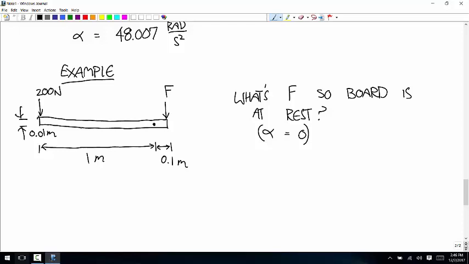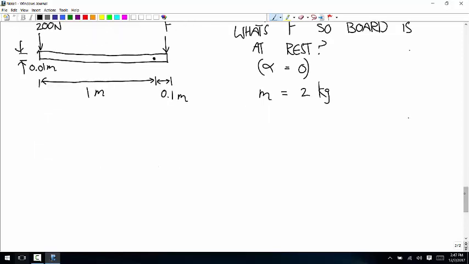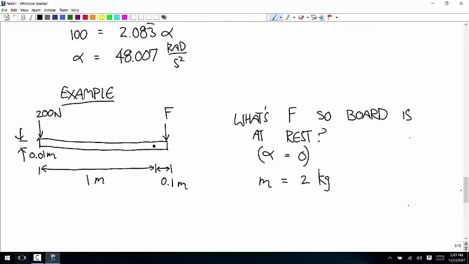And let's say the mass of the board is 2 kilograms. And let's think of this as a side view. So there is going to be weight for this board.